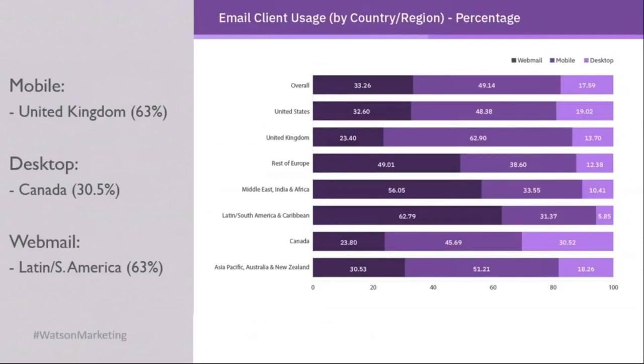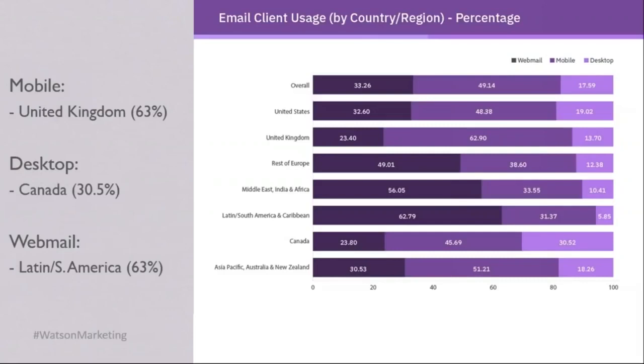And then I think this is the final one of mine before I hand it off to Dave. This is looking at the type of email client that people are interacting with your message on, everything from webmail to mobile to desktop. Desktop being those software applications that people would download, like a Lotus Notes or an old Outlook email client.